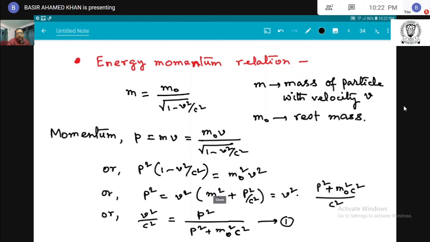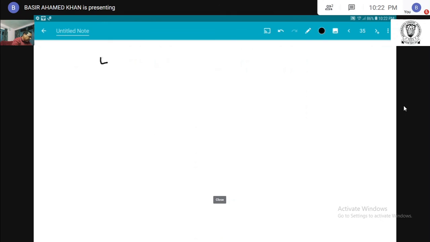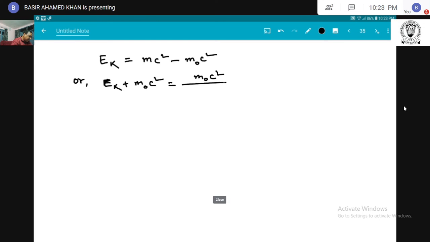Now the relativistic kinetic energy of the particle is given by E minus E0, that means mc square minus m0 c square. Or Ek plus m0 c square equals m0 c square divided by root over of 1 minus v square by c square.